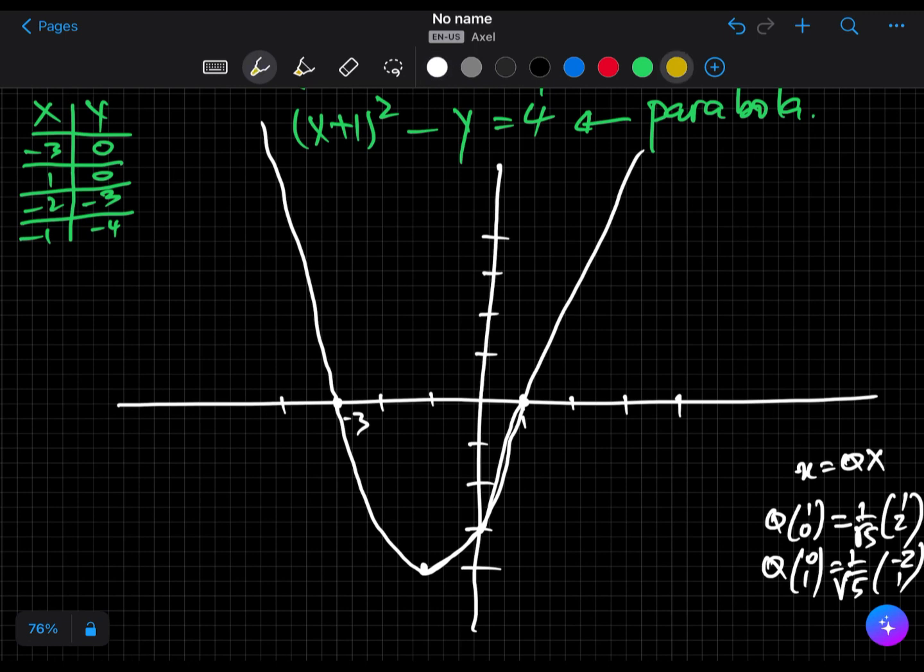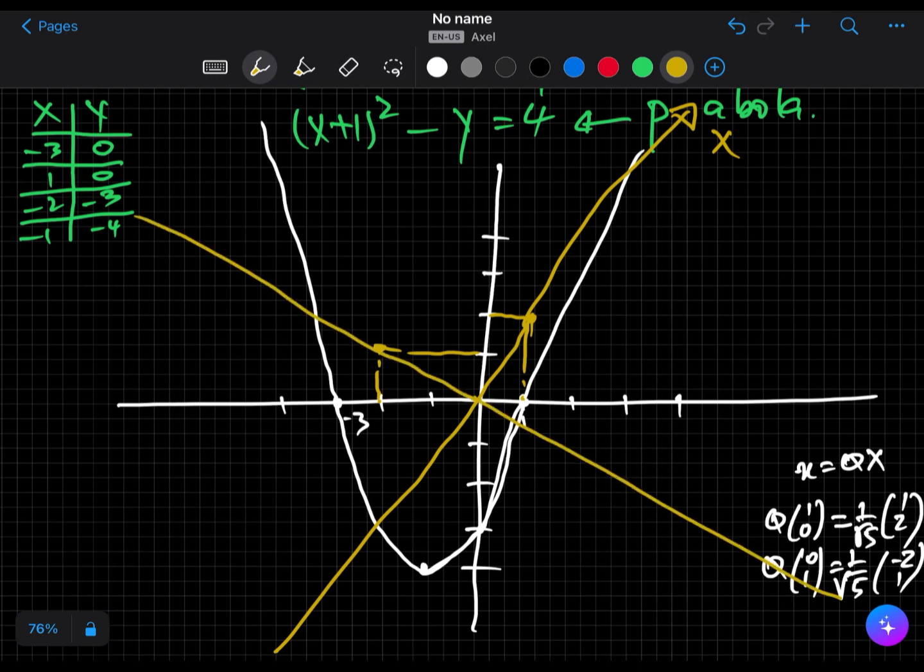So our new axis therefore will be 1 2 somewhere here, and minus 2 1 somewhere here. Once this is my new axis, this is the x, and this is the y.